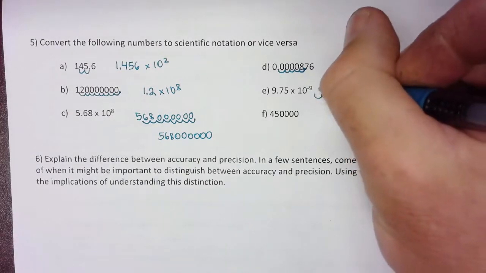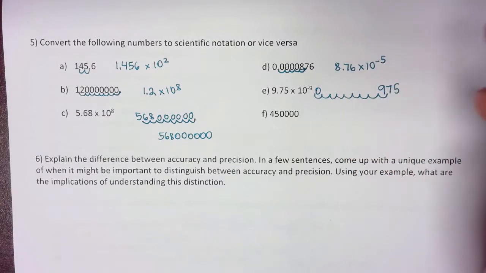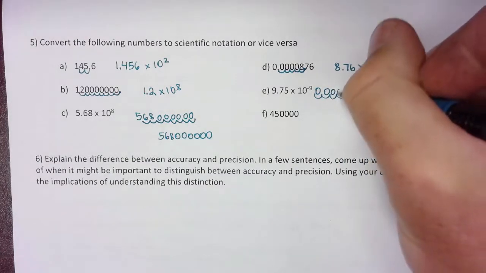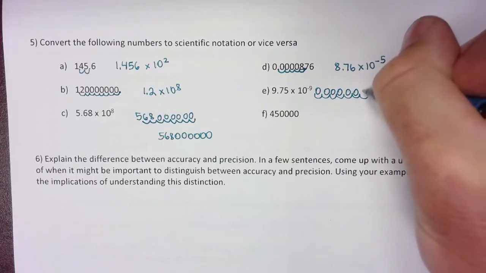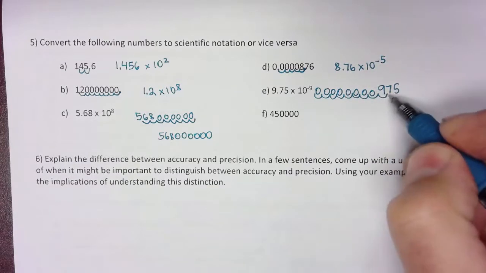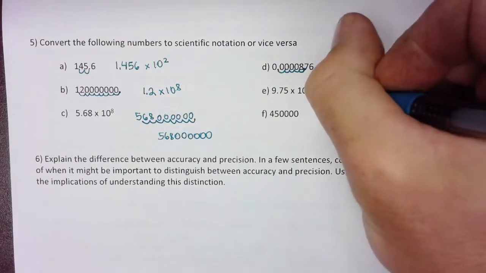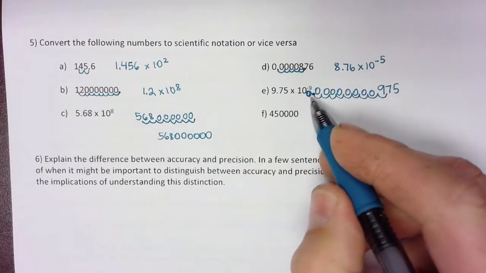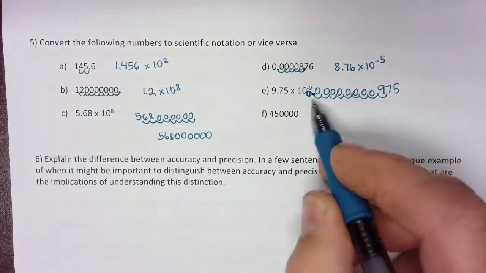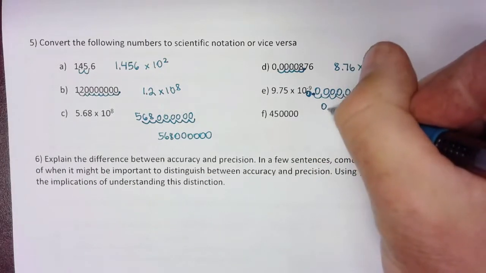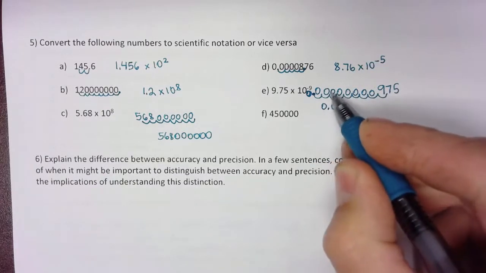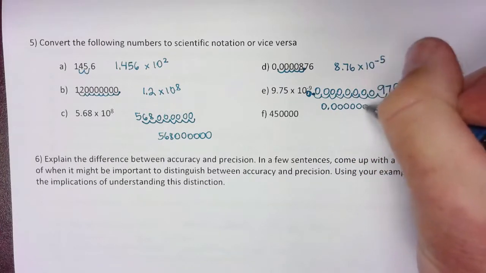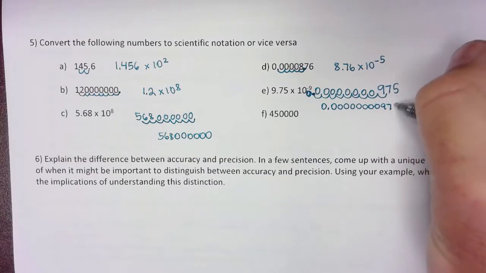I'm going to put a 0 in between each one of those peaks, or in the dips. And I'm going to stick the decimal right there, and put another 0 behind this decimal. I didn't quite leave myself enough room here, so let me rewrite that just to show you. I've got 8 zeros and then my 975.